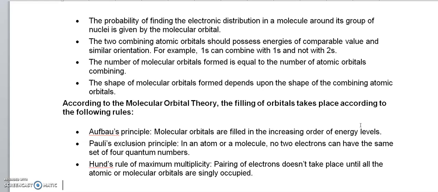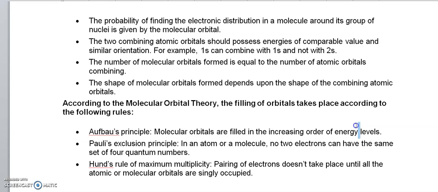Then Pauli's exclusion principle: in an atom or a molecule, no two electrons can have the same set of four quantum numbers, that is principal quantum number, azimuthal quantum number and so on. And Hund's rule of maximum multiplicity: pairing of electrons does not take place until all the atomic or molecular orbitals are singly occupied. First they should be singly occupied, then only pairing will occur.